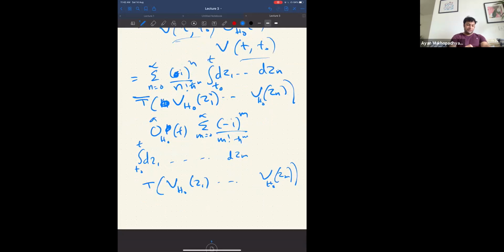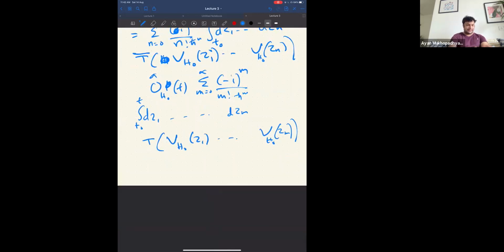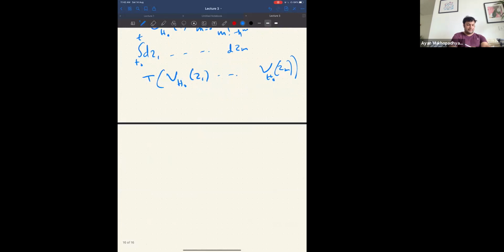But now you see, using again similar kinds of tricks, this is an exercise, so submit it. It's again a rehash of everything that we did earlier.